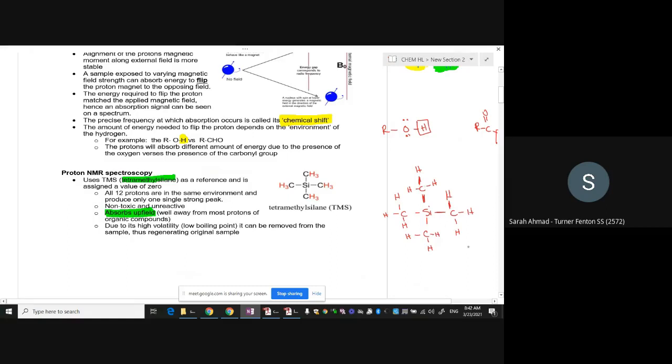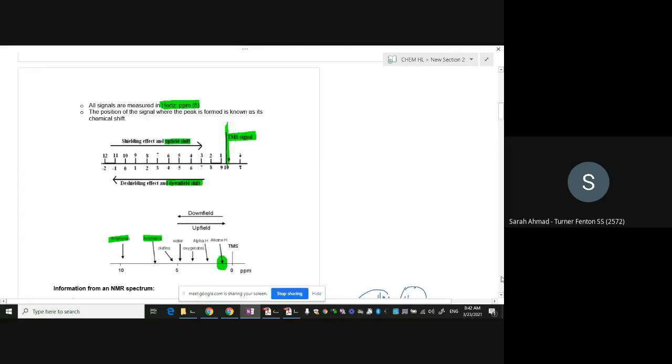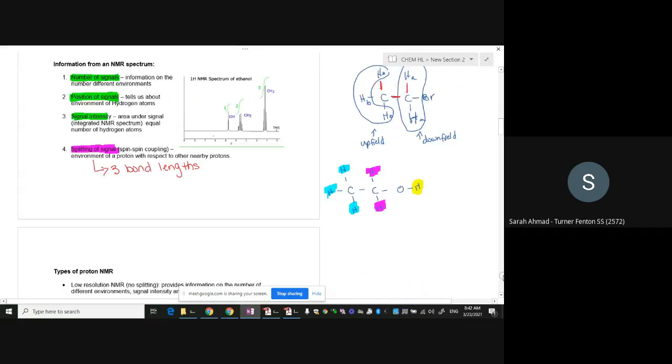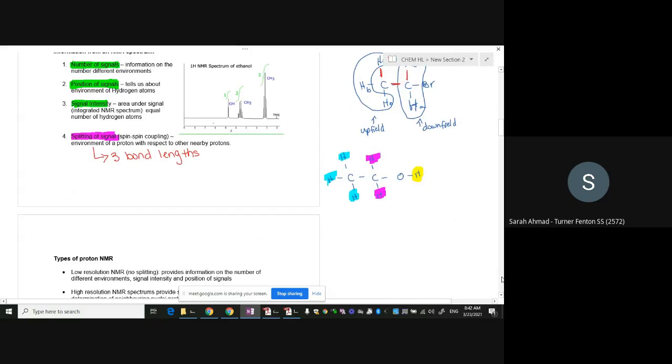That's why the proton environments don't impact each other. That's why there's only one peak. Okay, so 4 or more, no splitting. So what happens is the neighboring protons have the ability to influence the arrangement of the nuclei.